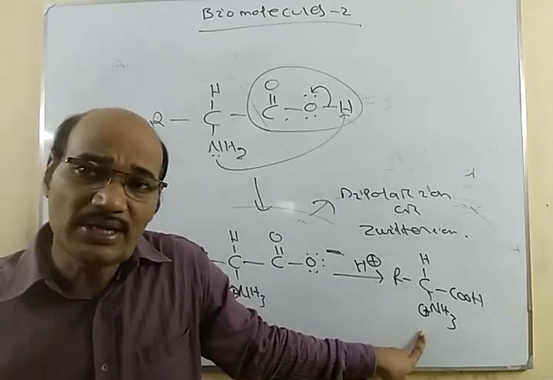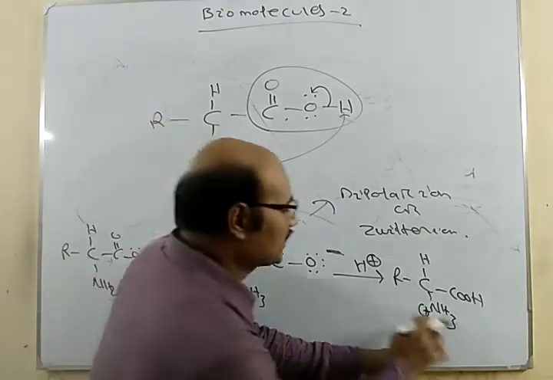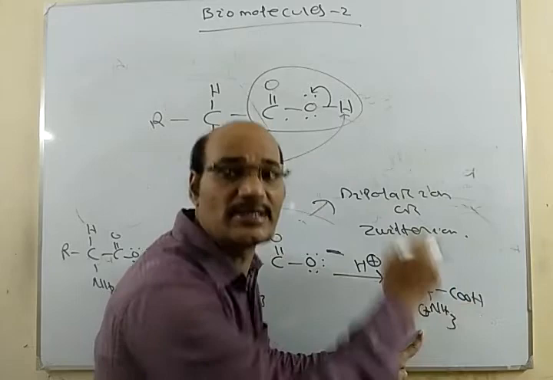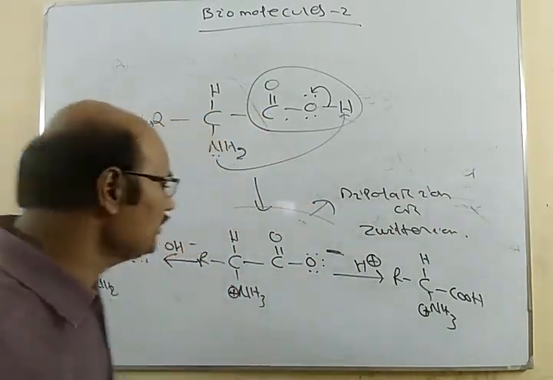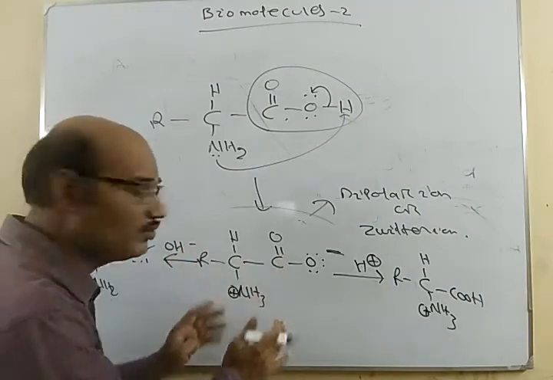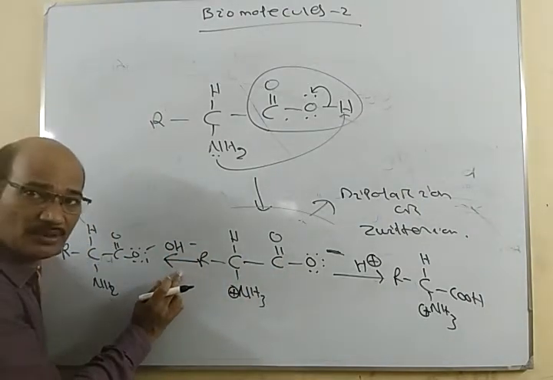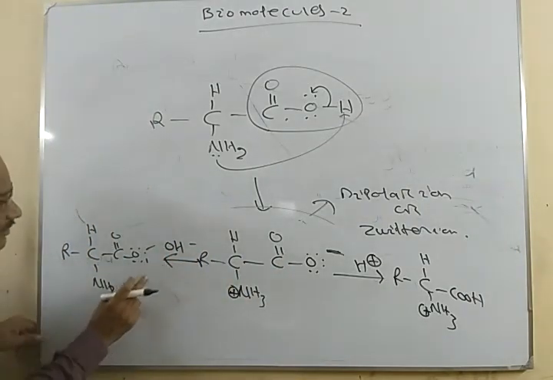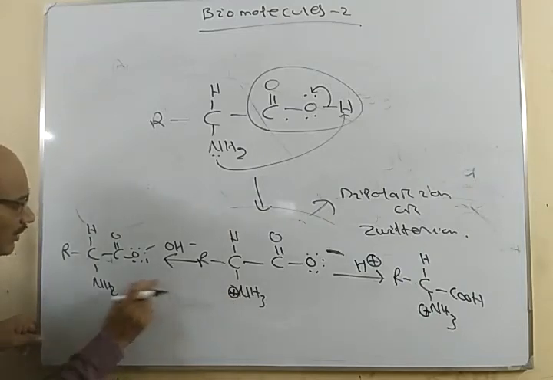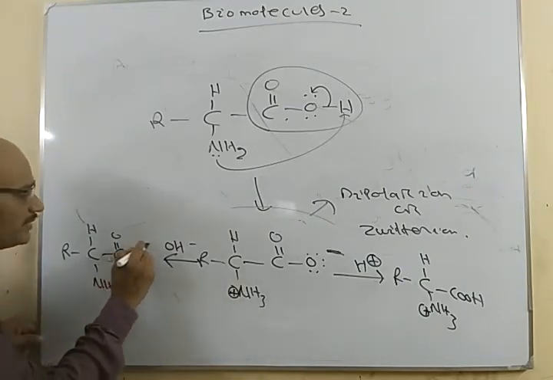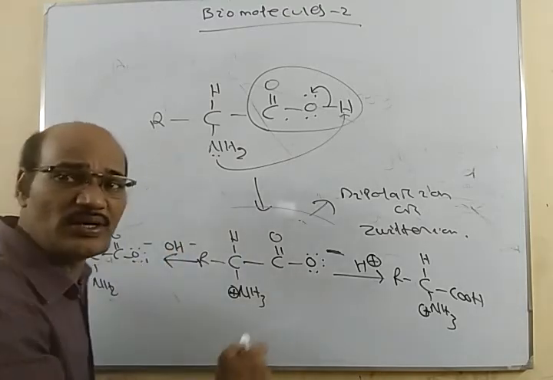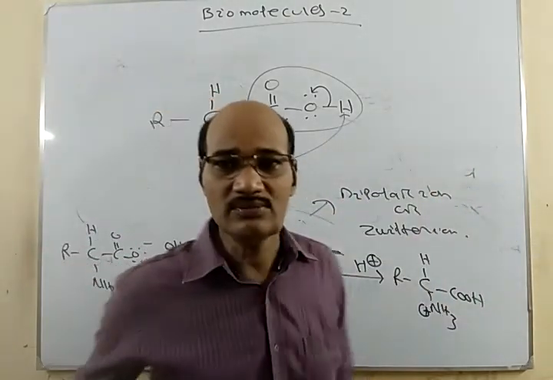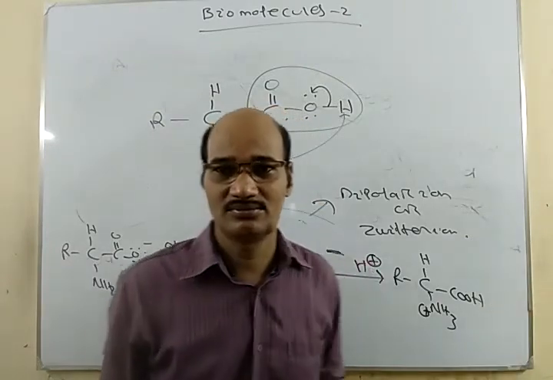Because we have the applied electric field, this cation will migrate towards the cathode. Similarly, if I put this amino acid molecule in a basic medium, then it will lose the proton and convert into a negative ion, an anion. And this anion will migrate towards the anode in an applied electric field.